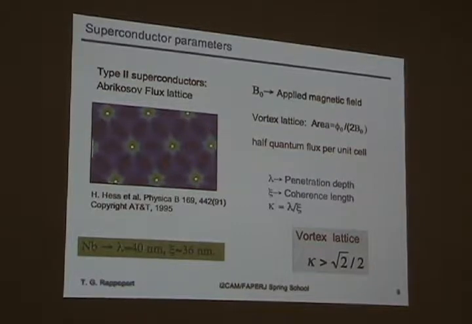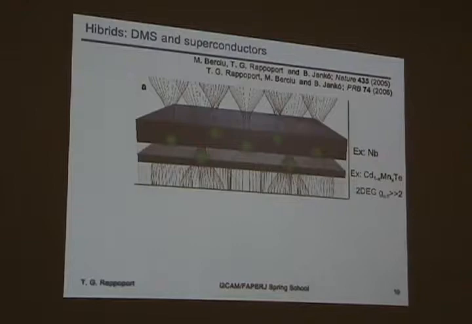There is another important property: each vortex carries just half of a magnetic flux quantum. So there is just half a flux quantum per unit cell in a system like that. And we can imagine that outside the superconductor, these vortices will also generate a very homogeneous magnetic field. This is the system we're going to study now.